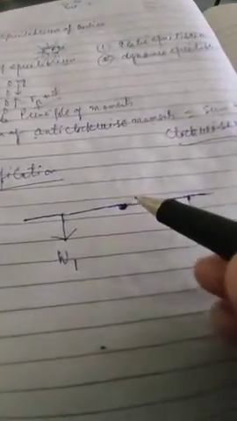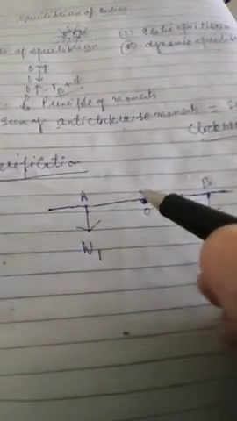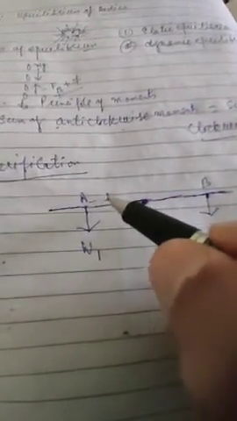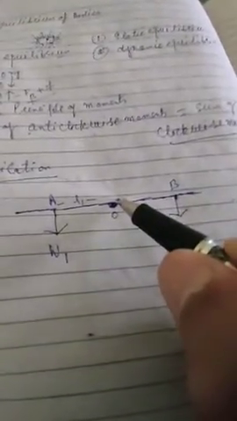Now students, just see to it. Let this point be A, this be O, this be B. Now the distance between A and O is L1, and between O and B is L2.